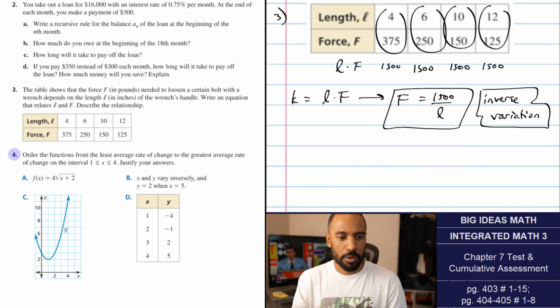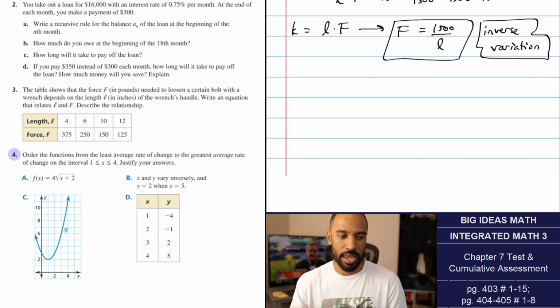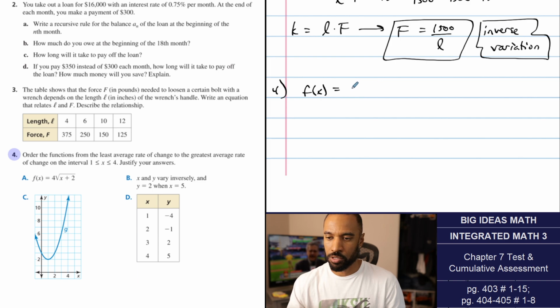All right, number 4. Order the functions from least average rate of change to greatest average rate of change on the interval 1 to 4. Justify your answers. So the first one, f of x equals 4 times the square root of x plus 2. We have to figure out what f of 1 and f of 4 are.